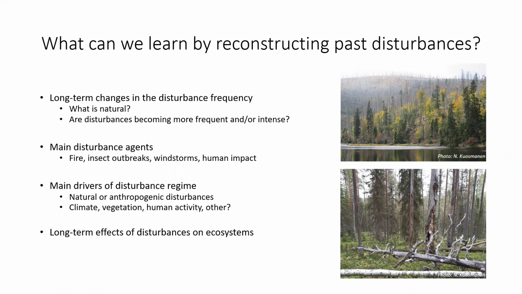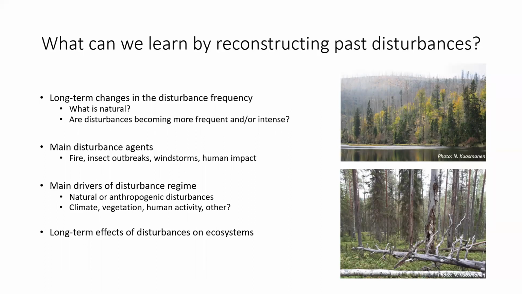So basically, when we have the idea of long-term changes in the disturbance frequency and different disturbance events, we can compare the long-term history to the current disturbances, and we can say what is natural variability in the disturbances, and whether the current ongoing disturbances, for example fires or windstorms that are causing windthrows in the forests, are becoming more frequent or more intense, or if there are more bark beetle outbreaks at the moment.